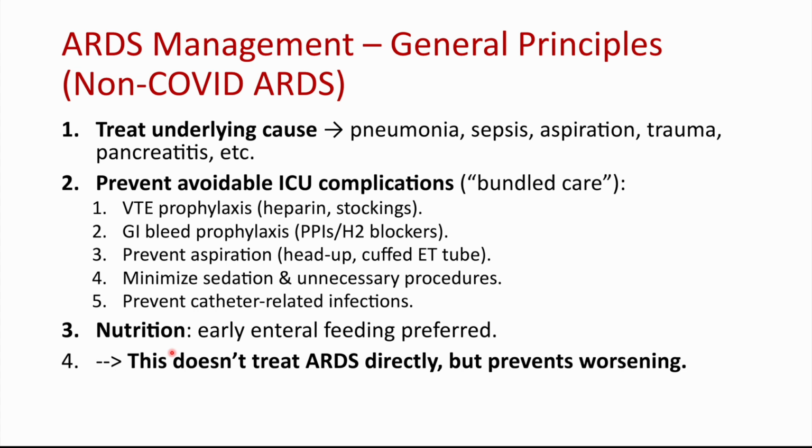So now we go to the management. The first principle is always treating the underlying cause, like pneumonia, sepsis, aspiration, trauma, or pancreatitis. At the same time, we should provide good ICU supportive care, like bundled care to prevent venous thromboembolism, give GI prophylaxis, prevent aspiration, minimize sedation, and provide enteral nutrition.